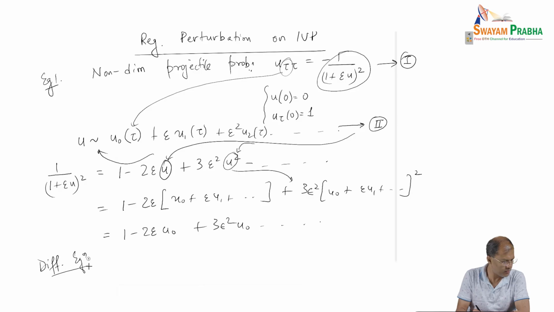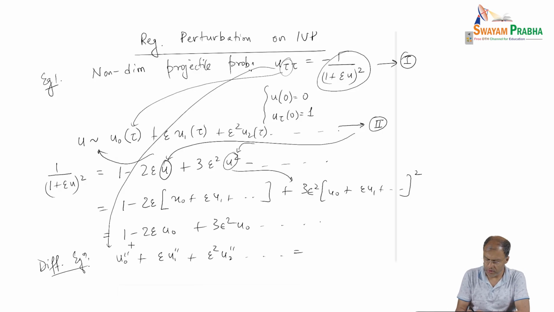So now what we have is the differential equation. The differential equation can be written as, on the left hand side we will have the differential operator. So this is u naught double prime plus epsilon u1 double prime plus epsilon square u2 double prime and so on so forth. This is also equal to, on the right hand side we are going to retain the highest order terms.